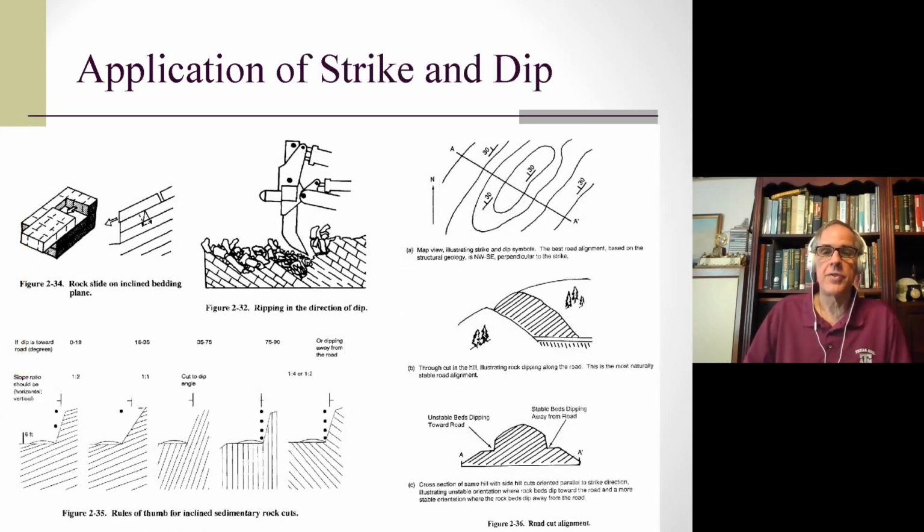So how do we apply strike and dip? Well, we have to start with the assumption that there's going to be sliding and failures in rock slopes. Obviously, if everything is flat and horizontal, doesn't vary, then life is good. However, as we all well know, in a mountainous region, that's not the case.